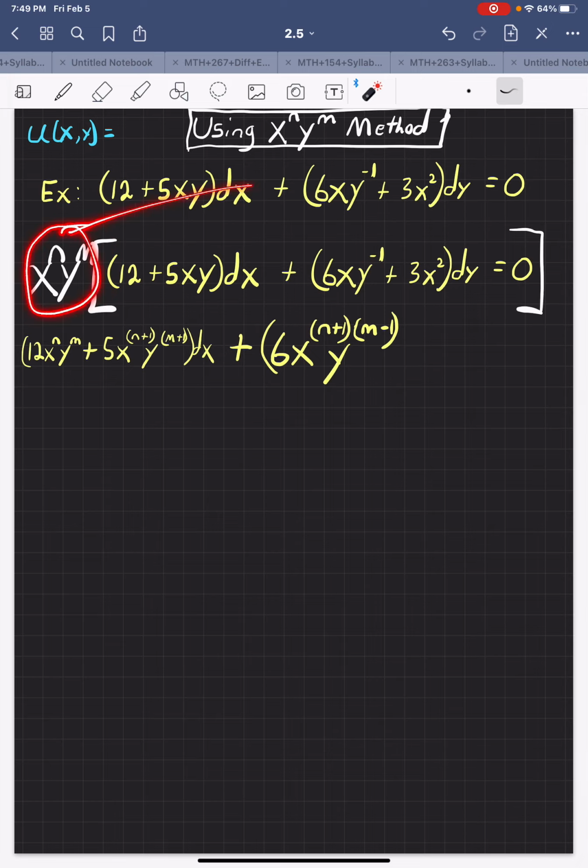Now let's distribute to our last term. So that's going to be plus 3. Well, there are no other y variables in that last term, so that's just going to be y to the m. And that's going to be x to the power of n plus 2.